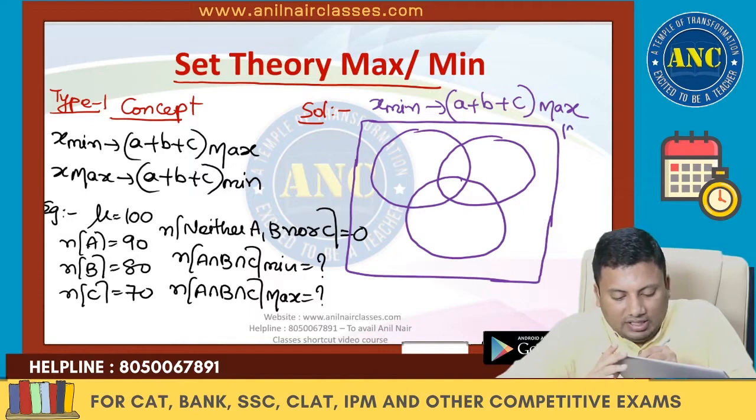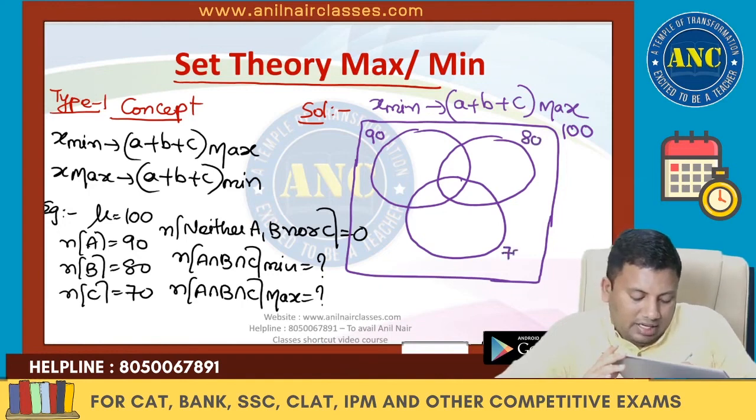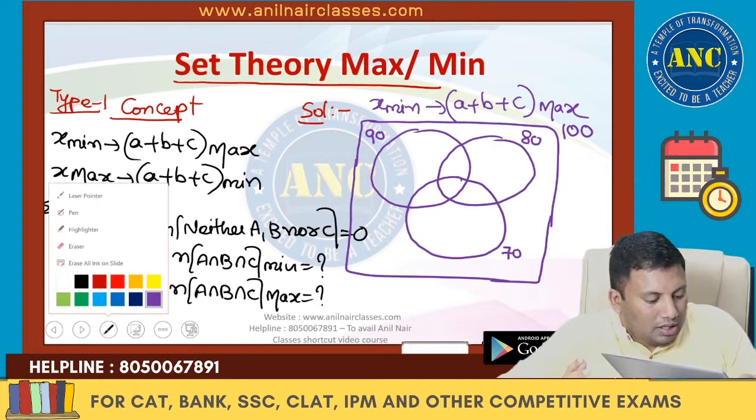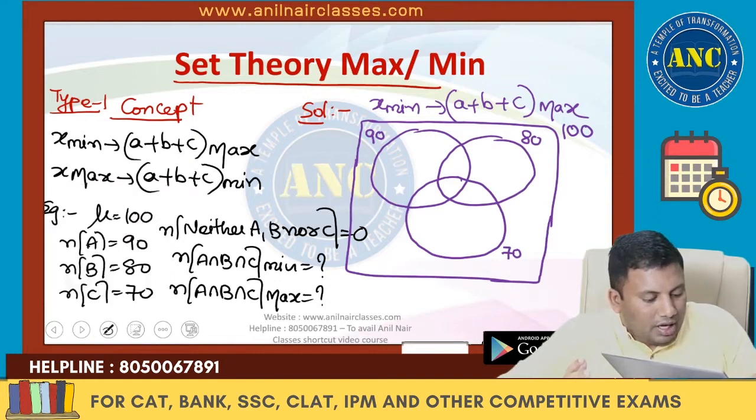If this is 100, this is 90, this is 80, and this is 70. Listen carefully, sir. I am doing a minimum.